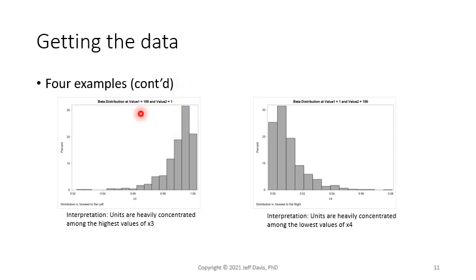Here I have value 1 set at 100 and value 2 set at 1. So I get this pretty hefty skew in the distribution that's pulling off to the left, in the direction of the highest value that we set.